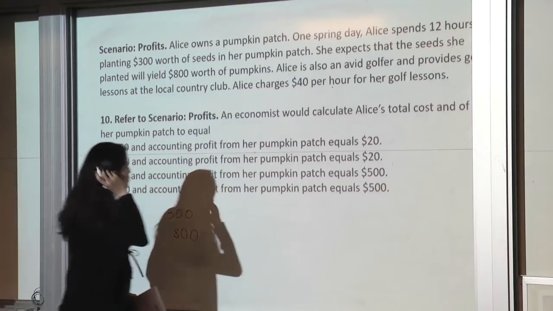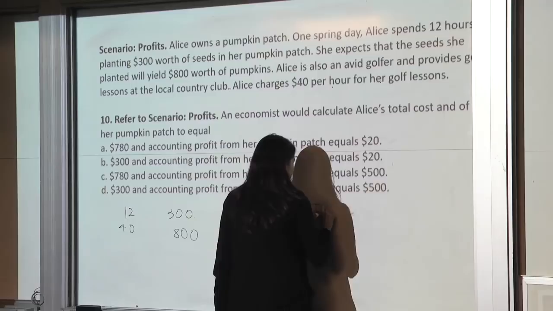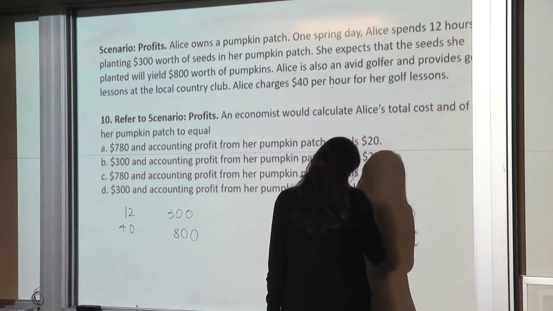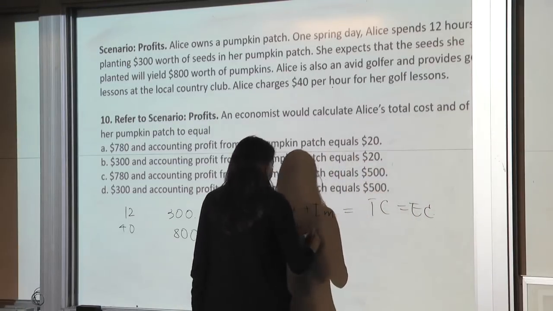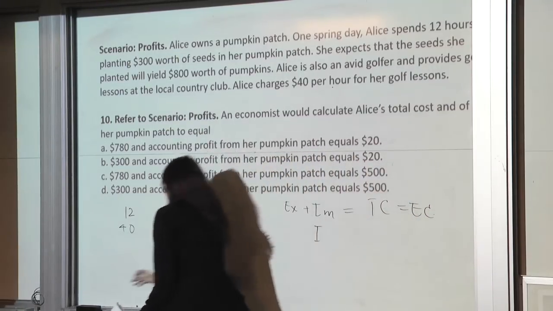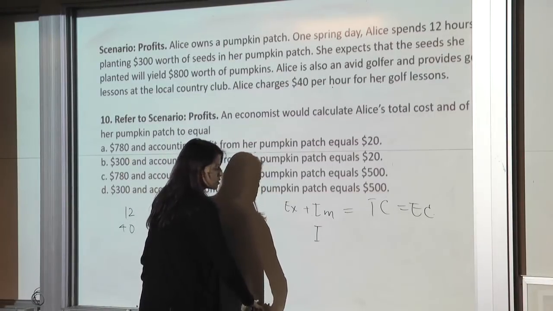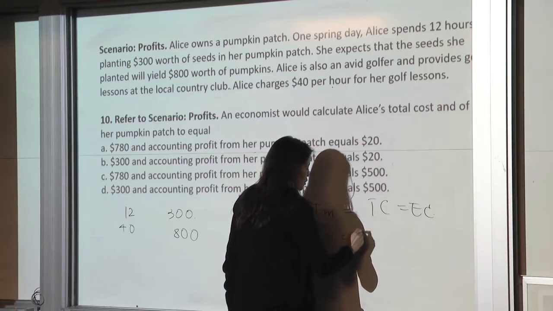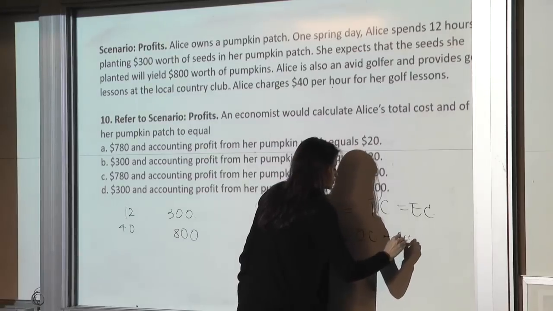So let me write that down. Explicit cost plus implicit cost is equal to total cost, or equal to economic cost. Implicit cost is equal to your opportunity cost.